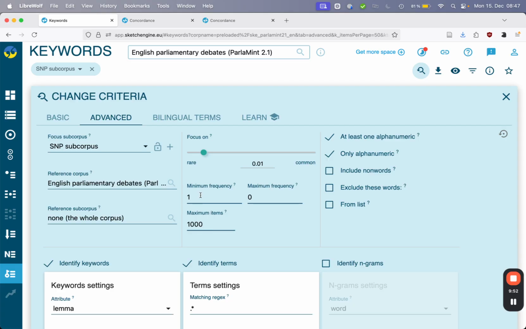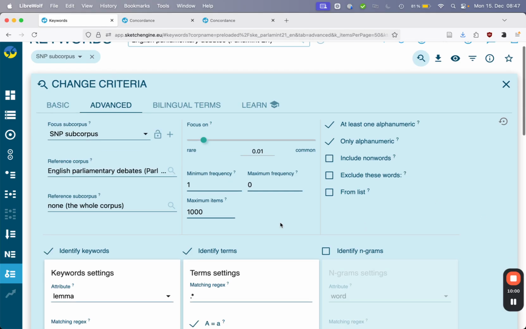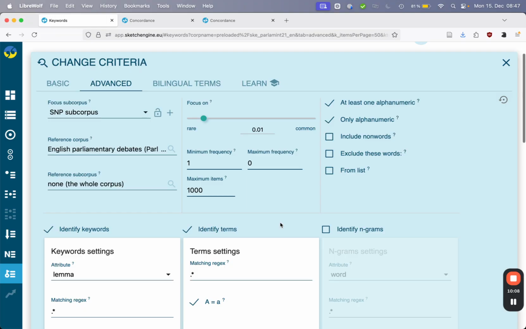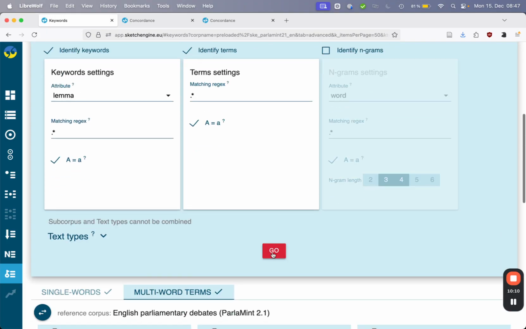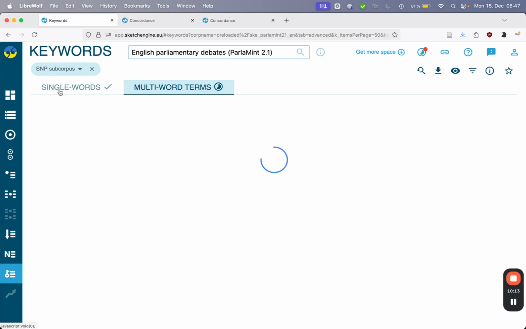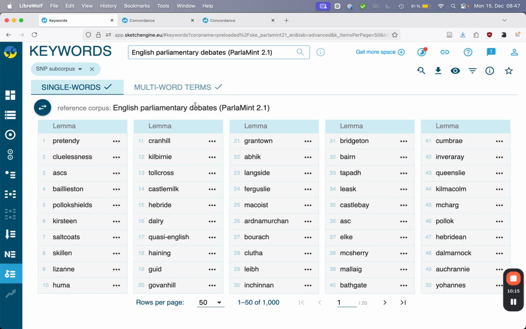What this means is that only one occurrence of a rare word suffices to put it on the list. And this is likely to lead to things like typos or place nouns, or people mentioned just once in a subcorpus popping up on this list of keywords, and that's probably not very representative of the corpus as a whole. And this is what's happening.